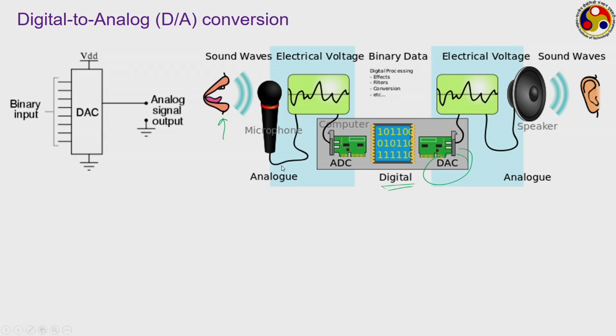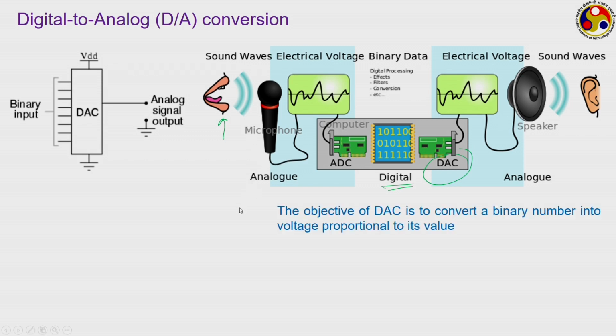So, the digital to analog converters or the DACs, their primary objective is to convert a binary number into a voltage proportional to its value. We can use some suitable calibration to get the actual output that we are looking for.